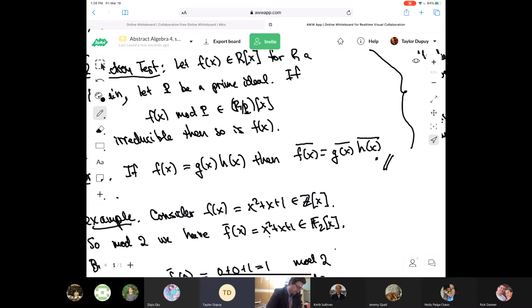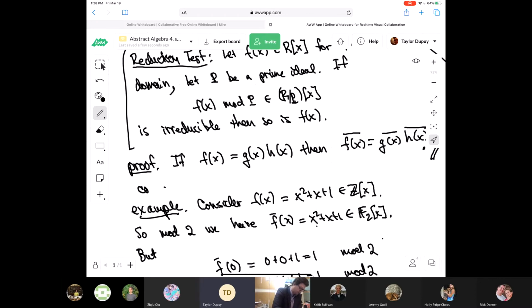So if you have a factorization here, then you have a factorization in the reduction. So the contrapositive says that no factorization mod p implies no factorization.